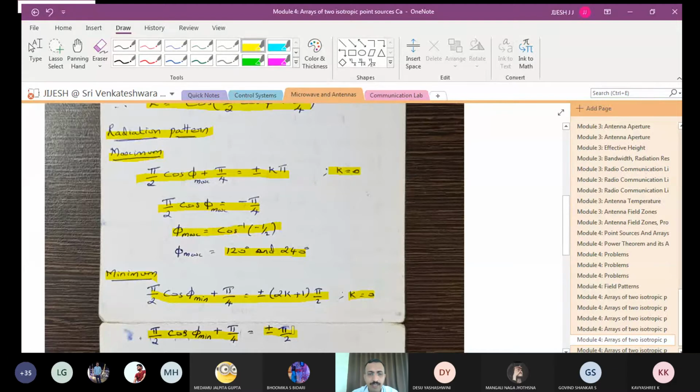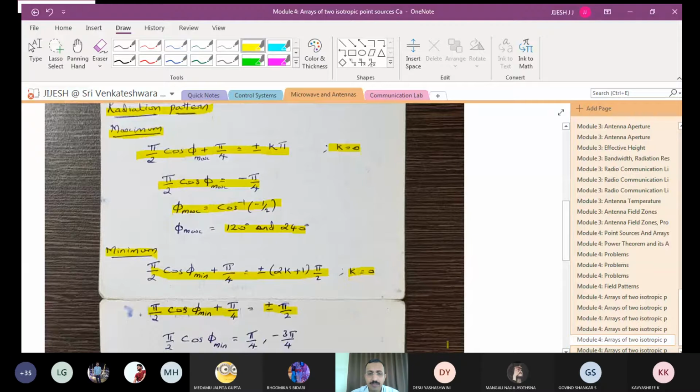Similarly, we are also finding the minimum value, that is pi by 2 cos phi minimum plus pi by 4 is equal to plus or minus 2k plus 1 times pi by 2. Here we are going to find the phi minimum. When you are finding the phi minimum, you can simplify this further, and you will get it as pi by 2 cos phi minimum.